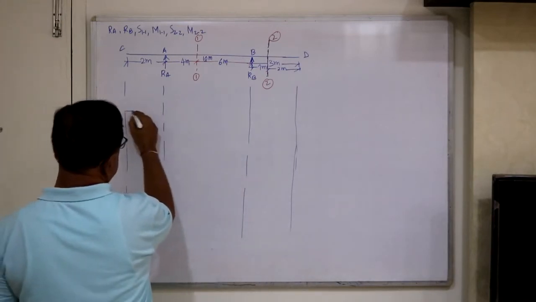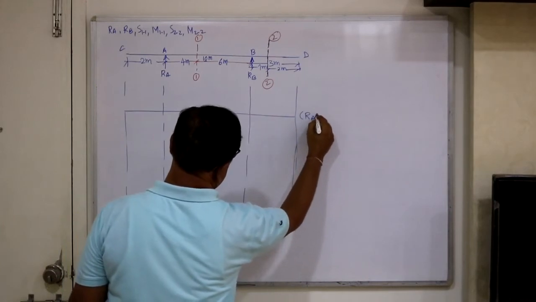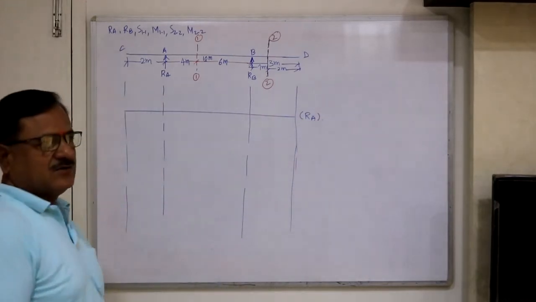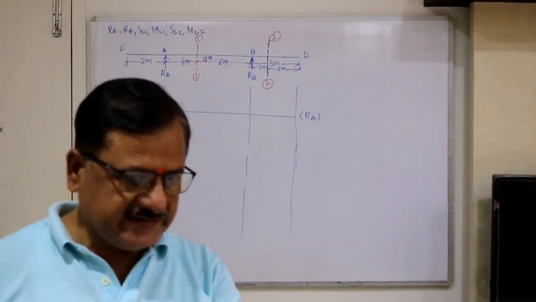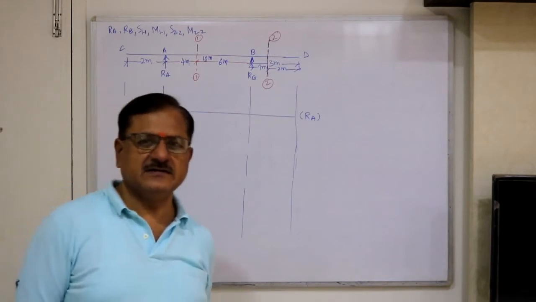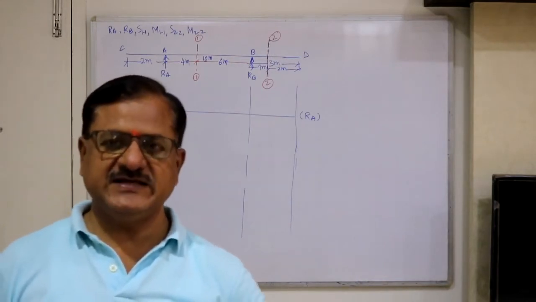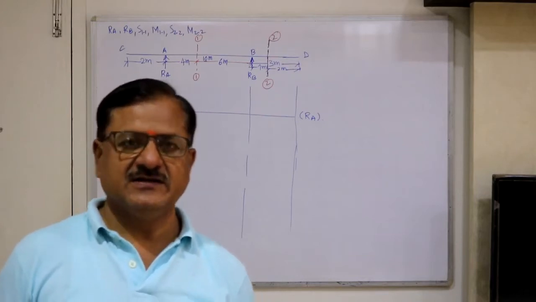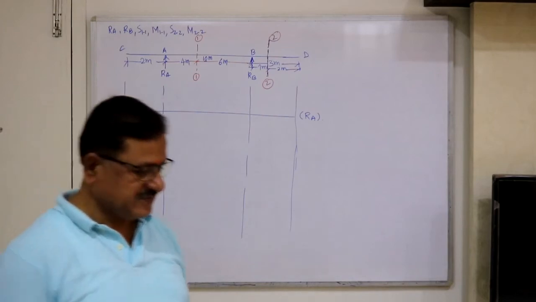Now the first ILD, let's construct ILD for RA. What says Müller-Breslau principle? Give unit displacement in the direction of RA, deflection. If there is a moment, rotation. Now RA in the direction of RA, give the unit displacement.